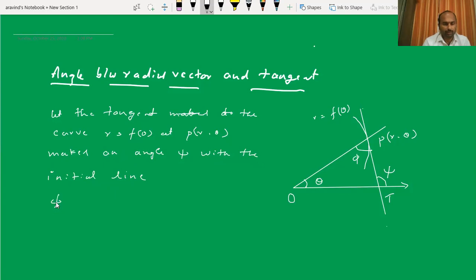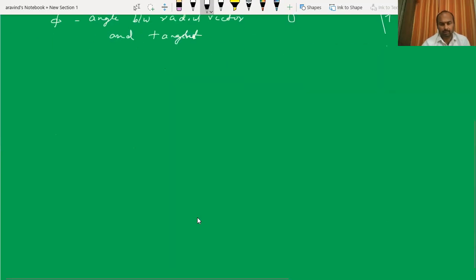So what is this phi? It is the angle between the radius vector and tangent.